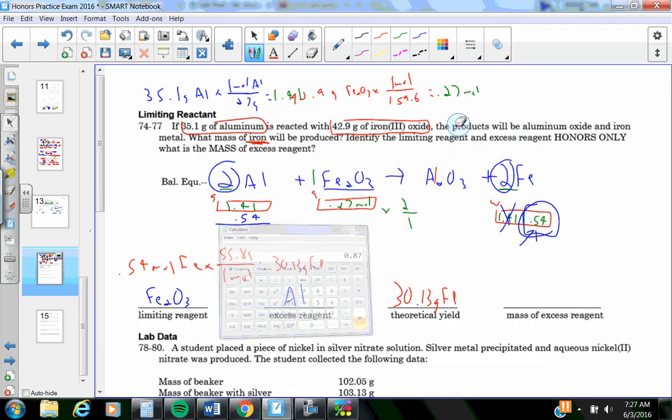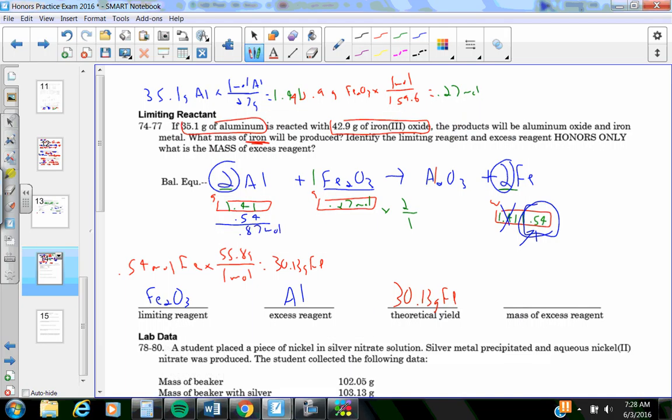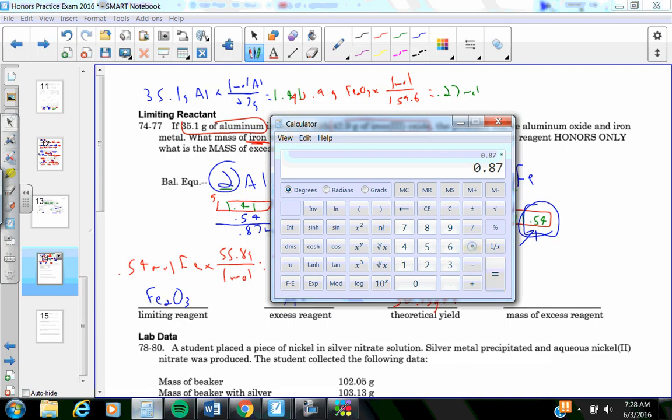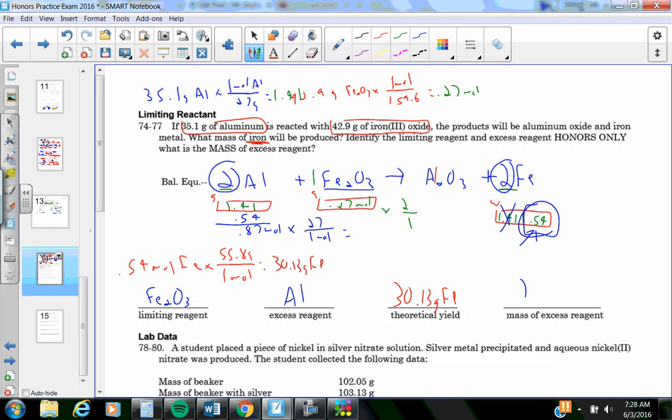So I'm going to have 0.87 moles of aluminum left over. How much does that weigh? Well, 0.87 moles, and 1 mole of aluminum is 27-ish grams, times 26.98 equals 23.5-ish. 23.5 grams of excess aluminum. Number, unit, label.